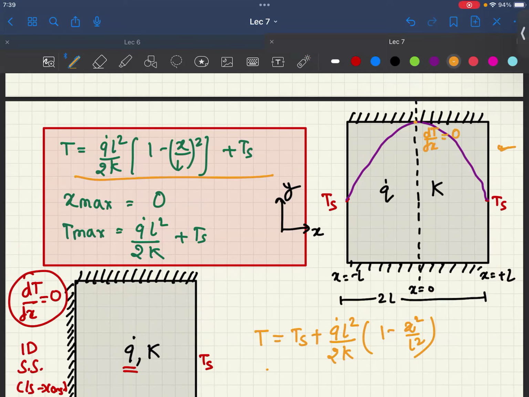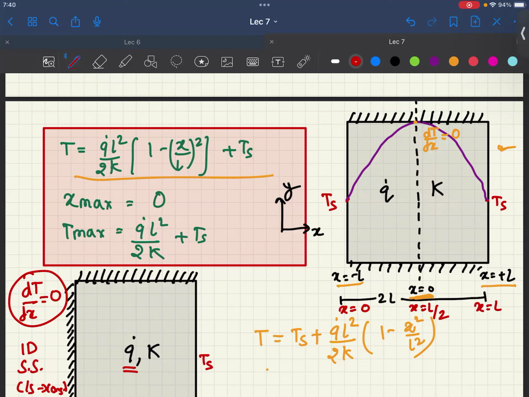The point to be highlighted is that in this coordinate system, we take the center of the slab as x equal to 0, and the two ends are at x equal to plus L and minus L. If we would have taken this as x equal to 0, and x equal to L by 2 and x equal to L, you would have ended up with a different sort of expression.